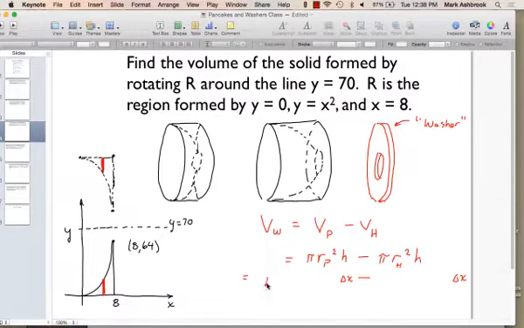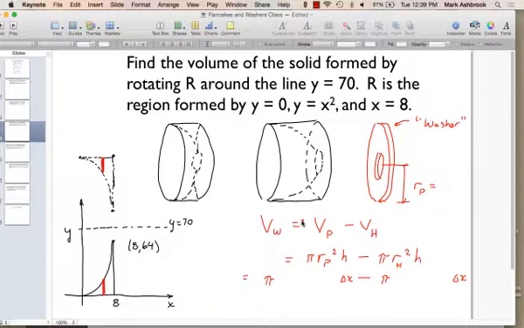All right, and so then, what is the radius of the outside pancake? That's r sub p. Looking back at our situation here, that's from the outside of the pancake to the center of rotation. What is that radius?